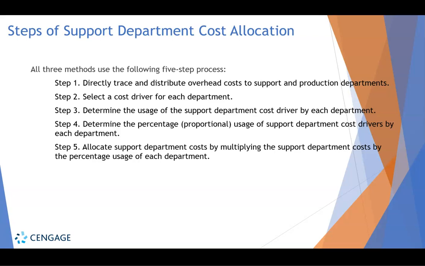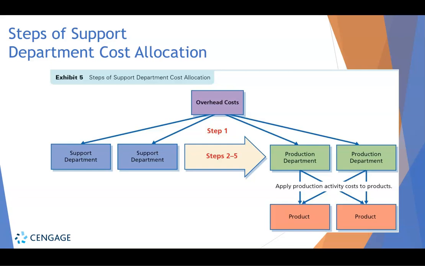All of the 3 methods require this 5-step process, where we directly trace and distribute overhead costs to support and production departments. We find a cost driver. We determine the usage of the support department cost driver by each department, and then we determine the percentage usage of support department cost drivers by each of the departments, and then we allocate support department costs by multiplying the support department costs by the percentage usage.